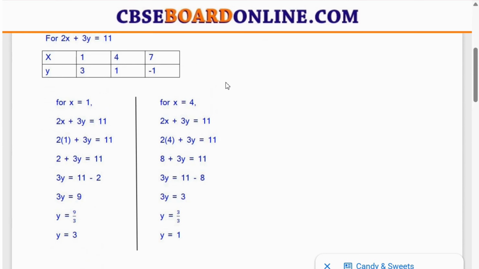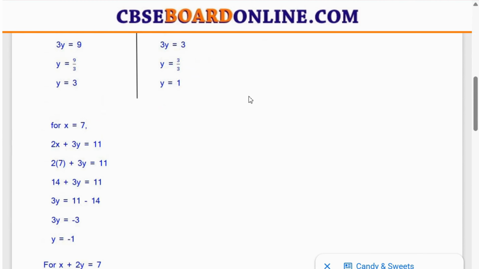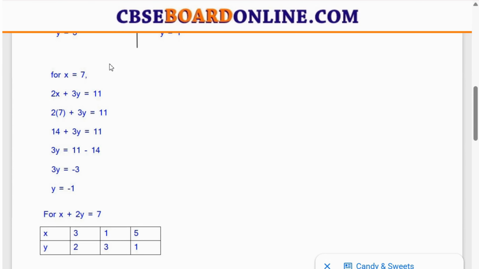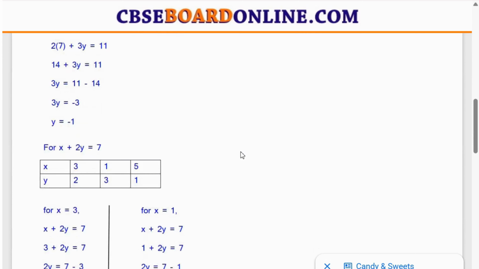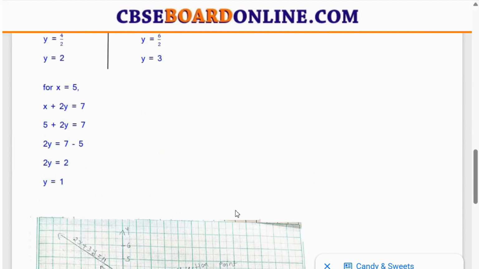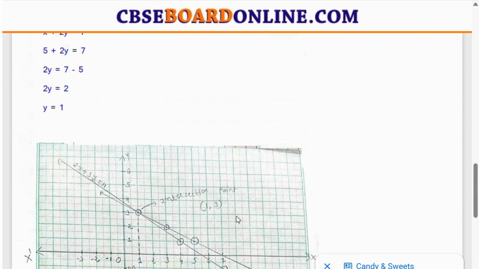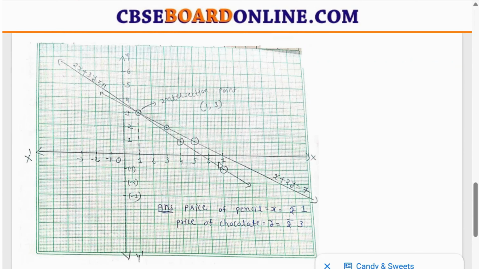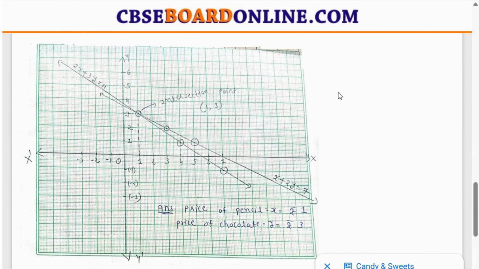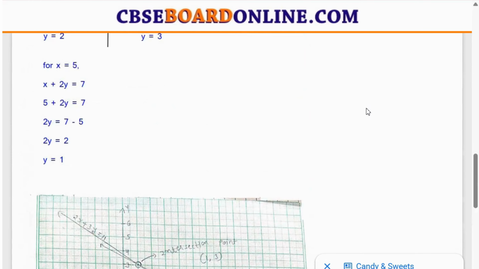Again we have put a value of x and then got the value of y. Again we have put another value of x and then we have got the value of y. Okay, similarly we have done it for Tanish as well. Okay, and then afterward we have represented this on the graph.